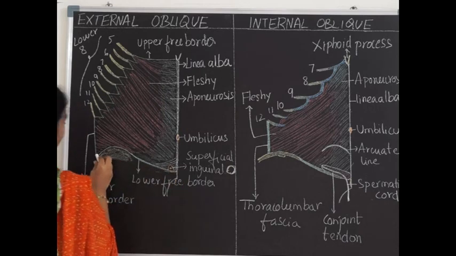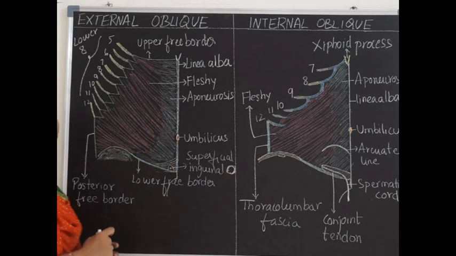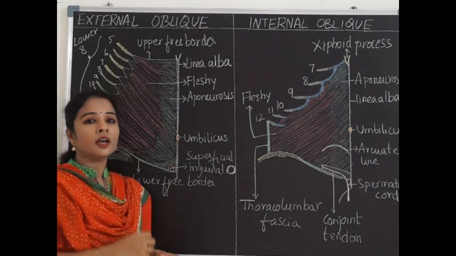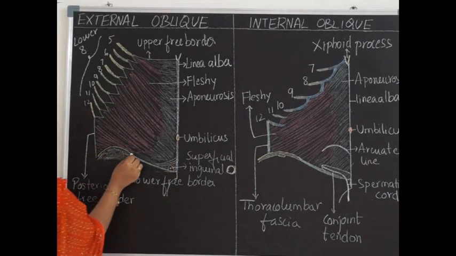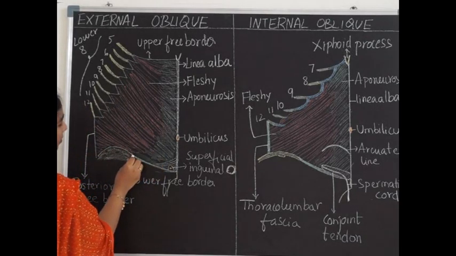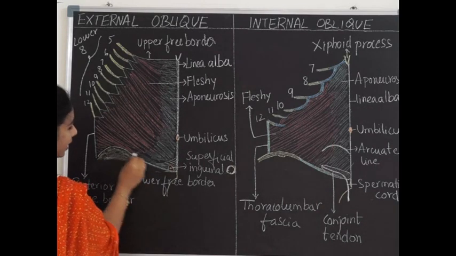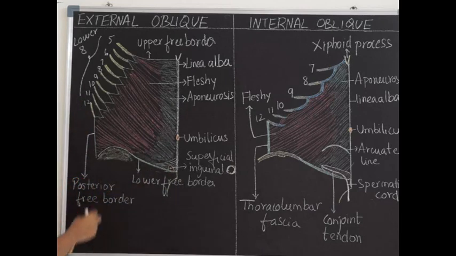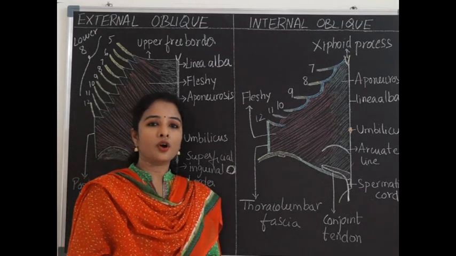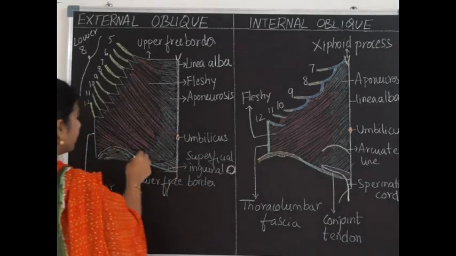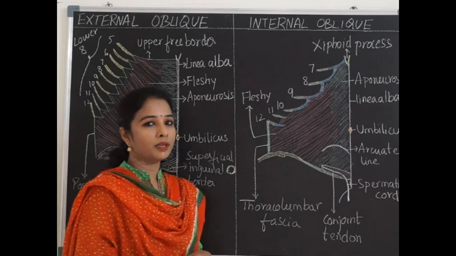And it also inserts to the iliac crest, the anterior 2/3 and outer lip of the iliac crest. And further, between the anterior superior iliac spine and pubic tubercle, the external oblique muscle folds itself forming a ligament which is called the inguinal ligament. So that is about the origin and insertion of the external oblique muscle.